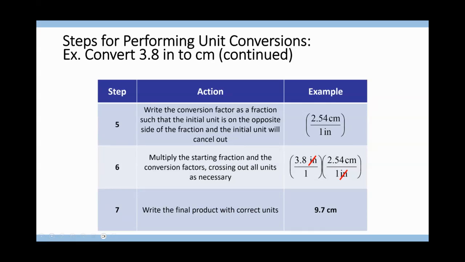So we multiply the starting fraction and the conversion factor, and we cancel out all units as necessary. Any unit that appears on the top, or the numerator, of a fraction and the bottom, or the denominator, of a fraction can cancel out. So we perform this calculation, 3.8 over 1 times 2.54 over 1. That final answer is in centimeter units. So we have our final answer.